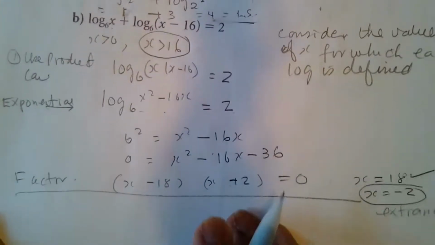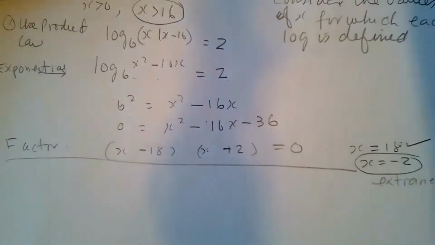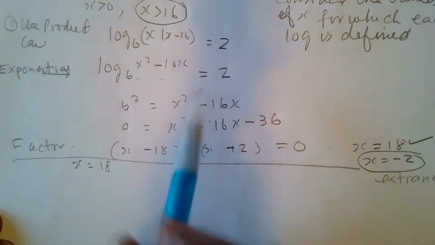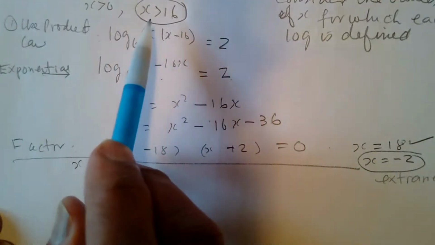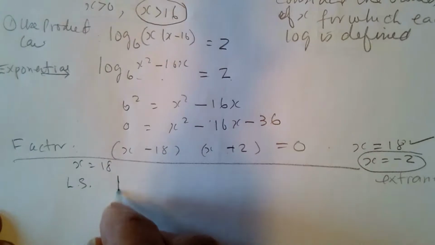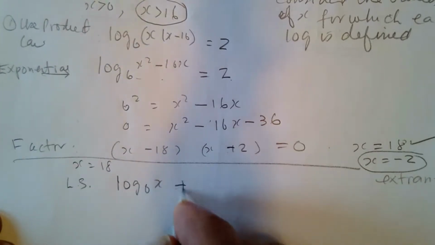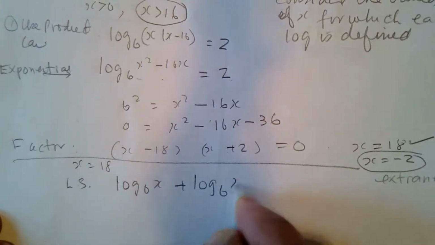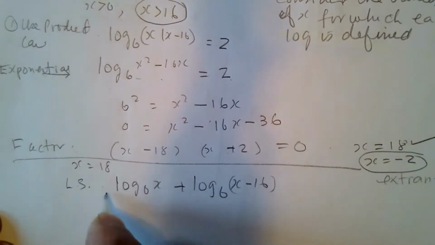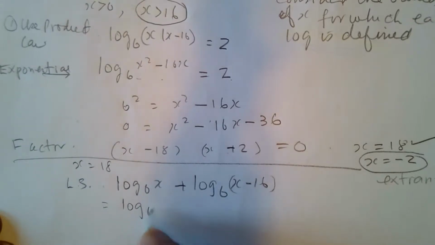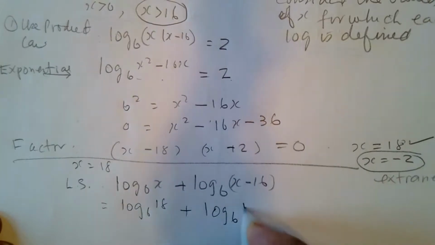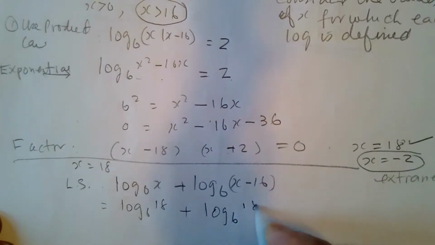So let's verify our solution. We say that x is equal to 18. So we look at our left side, it's log base 6 of x plus log base 6 of x minus 16. This gives us log base 6 of 18 plus log base 6 of 18 minus 16.